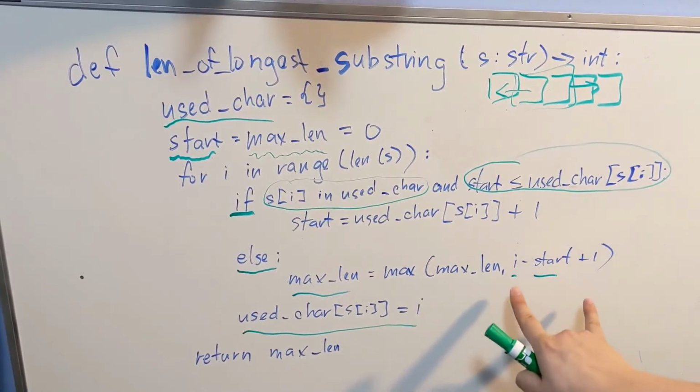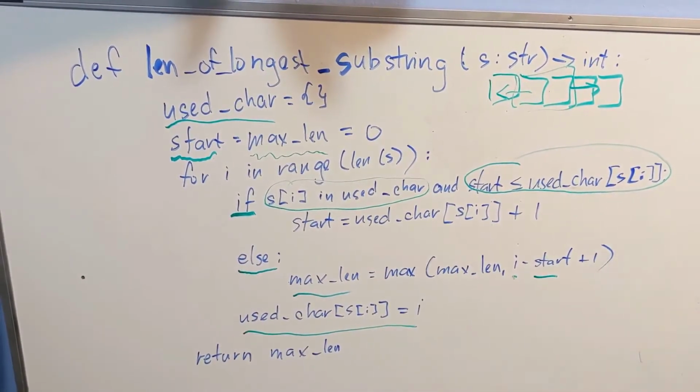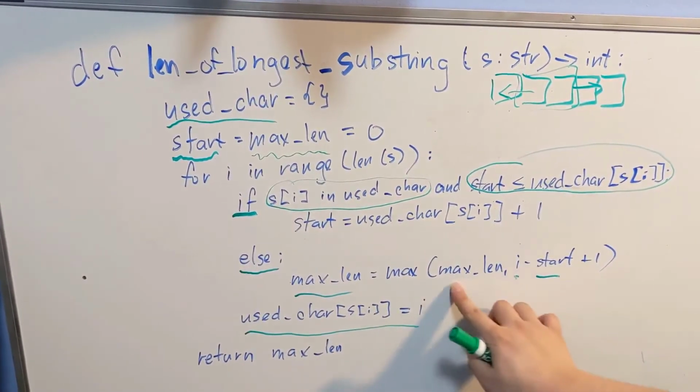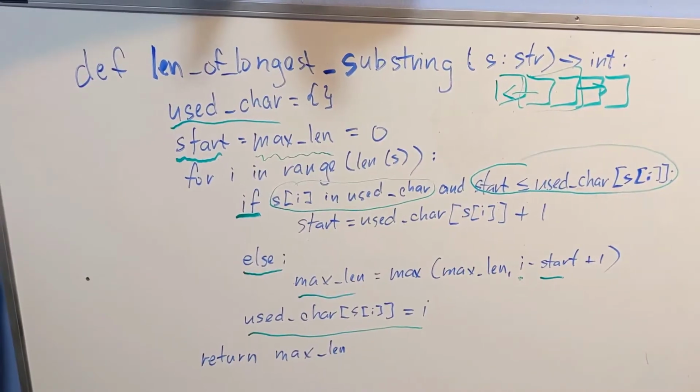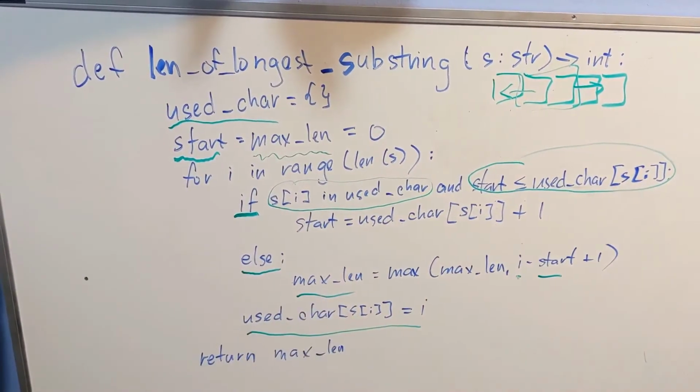So this would be your current length of the substring that is still unique, and you keep checking which is bigger, and assign it to max length.